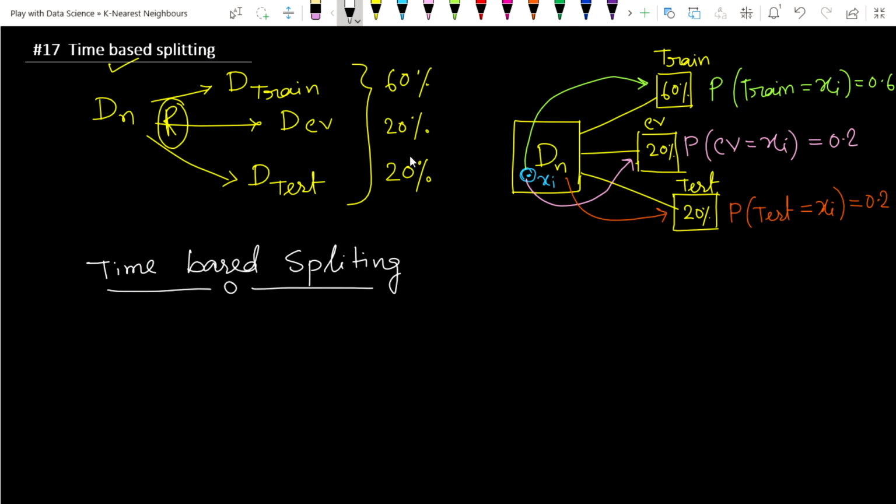So let's see for which kind of data sets time based splitting is better, and for which kind of data sets random splitting is better.